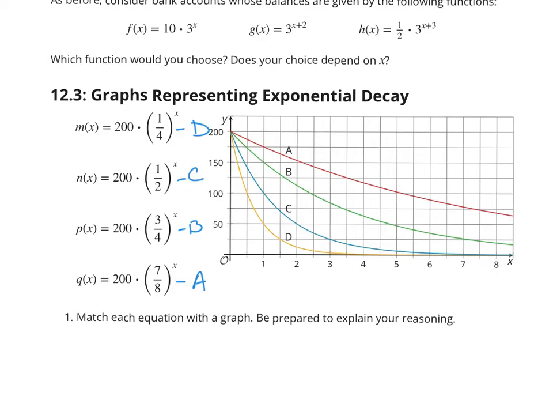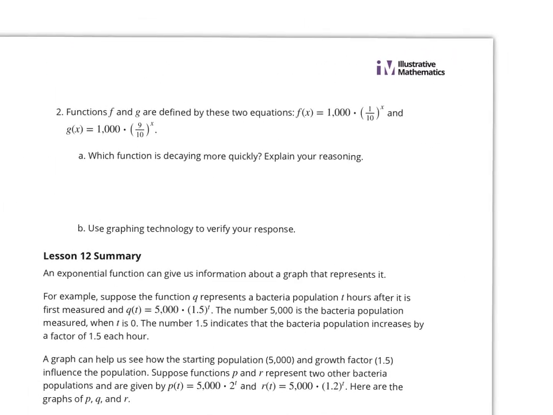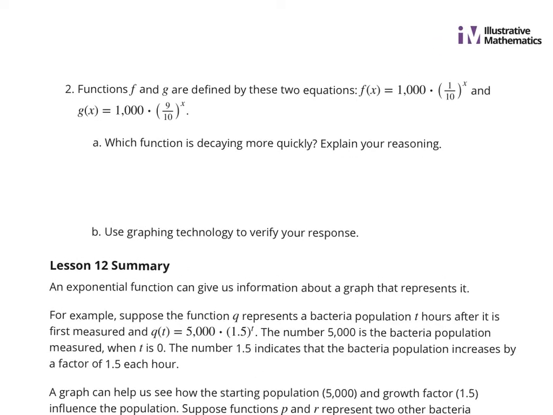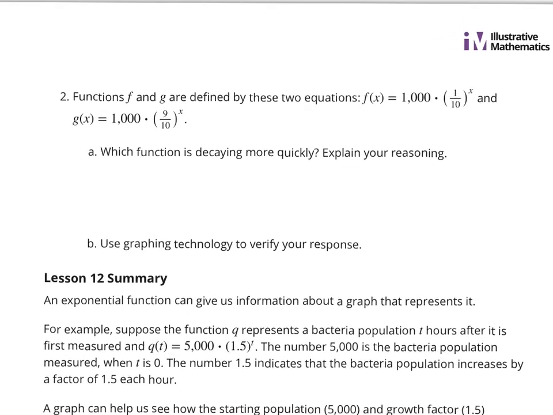So now, knowing what you know about the first question, pause the video again and go ahead and attempt question 2 on your own. All right, let's look at question 2. So question 2 says functions f and g are defined by these two equations. F of x equals 1,000 times 1/10 to the x power, and g of x equals 1,000 times 9/10 to the x power. So they're both starting at $1,000. Which one is decaying more quickly?